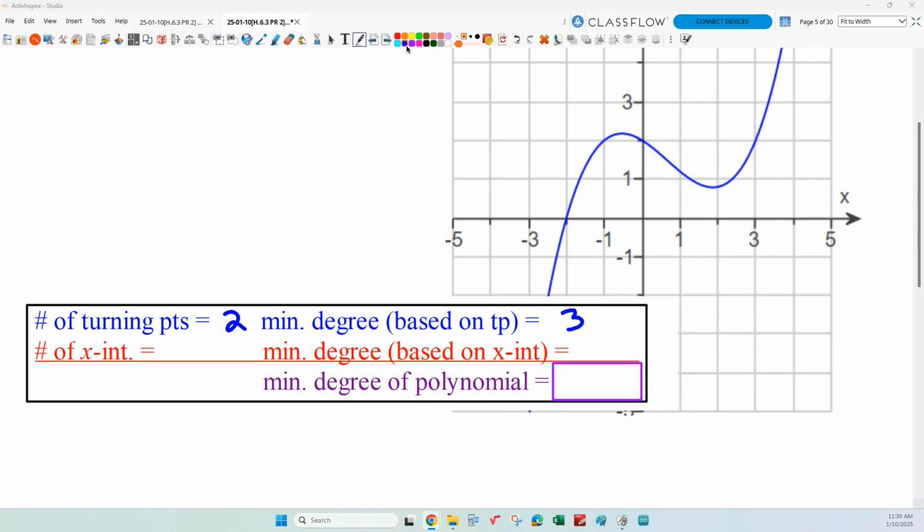You have to have at least one higher degree than the number of turning points, right? Okay, how many x-intercepts do you see? 1. Right there. Well, that clue predicts a minimum degree of what? 1. And we know that it's odd.